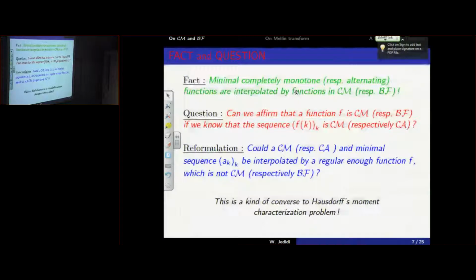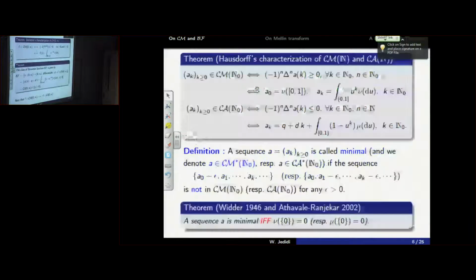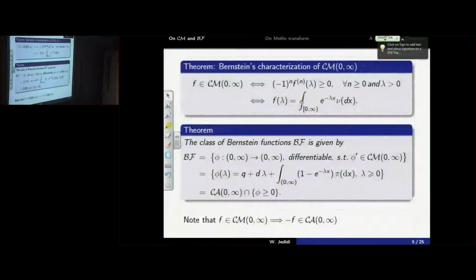Now, we get into the subject. What is evident is that when you take a completely monotone function, with lambda a positive real number, take it at k: f of k becomes the integral of exponential minus kx against nu, and make a simple change of variable.